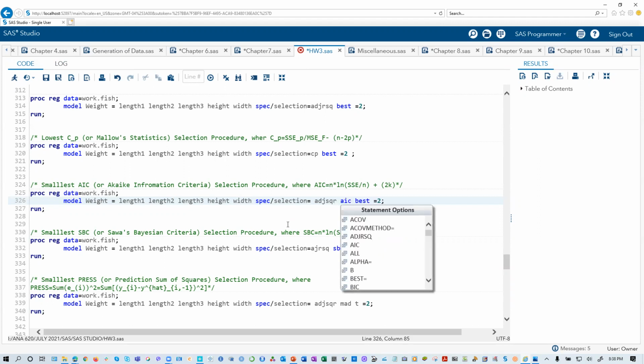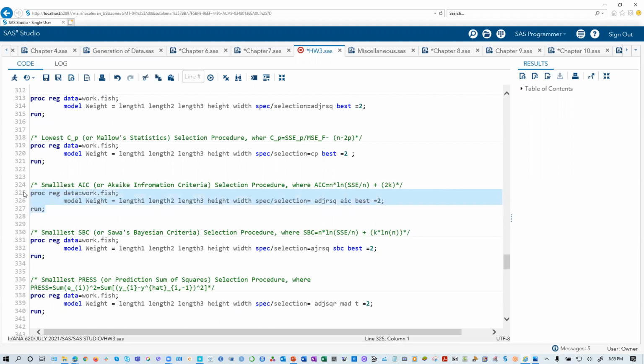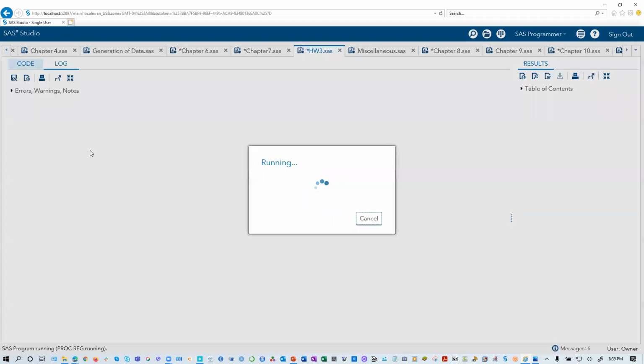Adjusted R square, is that the right one? Adjusted RSQ, sorry, adjusted R square, and then run. Then it runs.